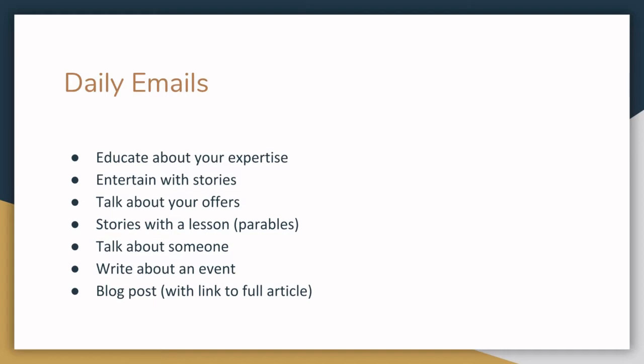Write about an event or your blog post. So let's say you write an awesome blog post. You can write the first half in your email, and then you can have a link saying, go to my blog to read the full article.